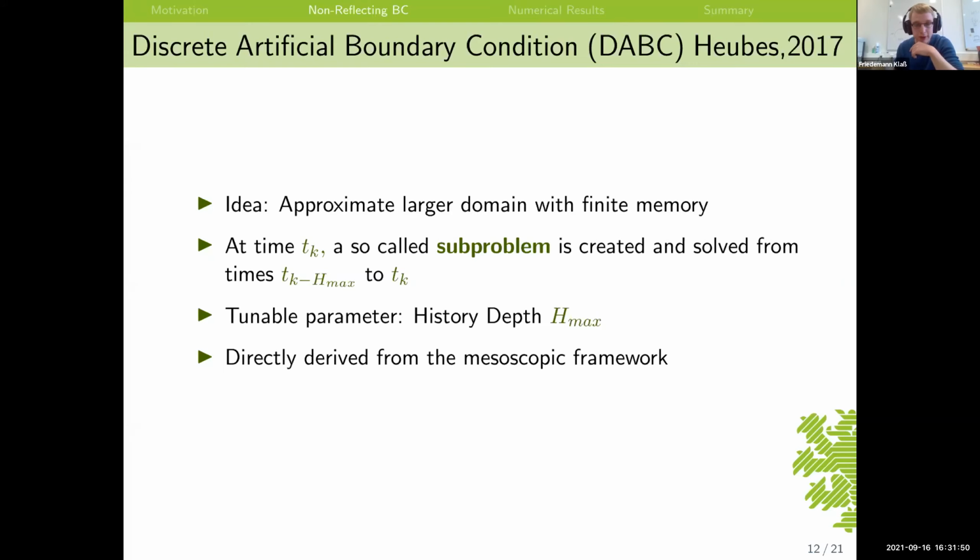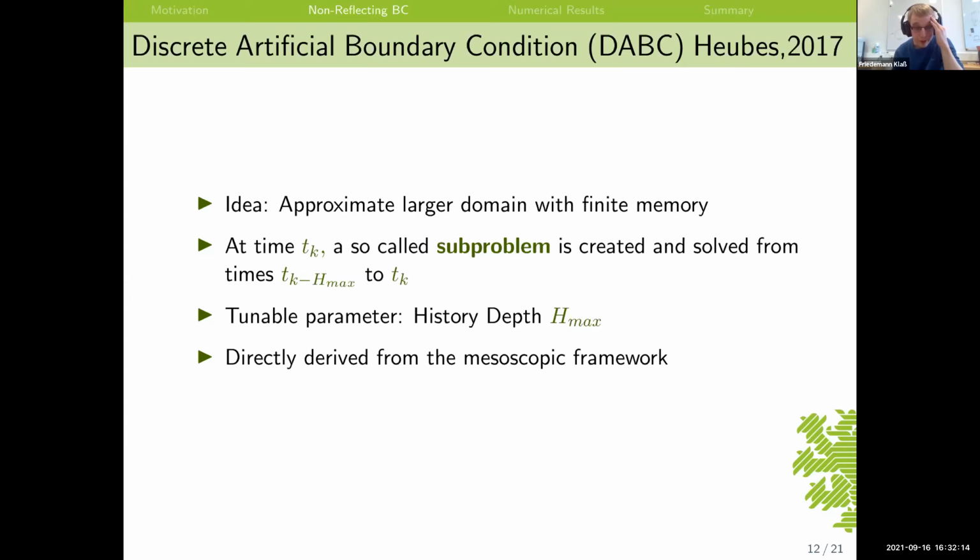This is the so-called history depth, because it controls how many time steps we will go back. And since this boundary condition operates just by solving another lattice Boltzmann subproblem, it is directly living and operating on the mesoscopic framework and not really derived from a macroscopic hyperbolic system like the LODI boundary condition.